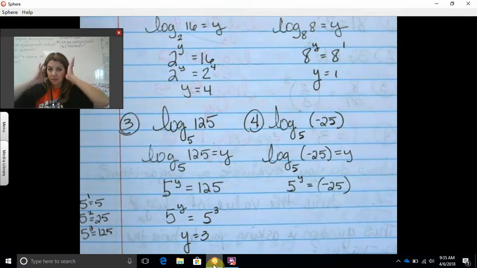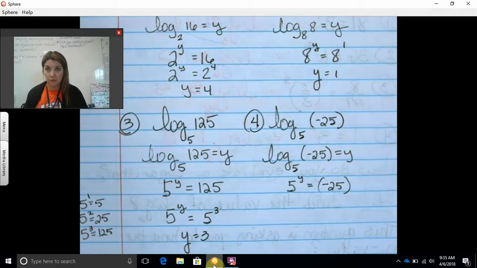Anybody think they know the answer? 5i? I think you can do 5 raised to the i. You want to do 5 raised to the 1/2?